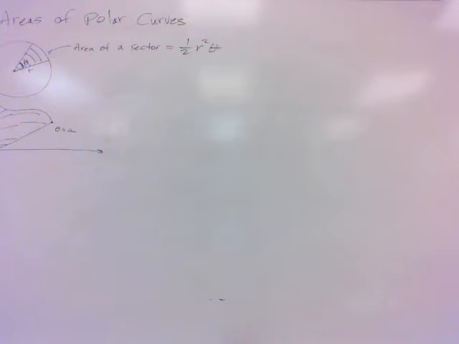Where the sectors come in is I'm going to divide this into little strips. I'm going to go a small little increment for theta, maybe 4 or 5 of these. So I'm going to go theta from A to my first subinterval here. Then I'm going to do a sector, so I'm going to make that circular, if you will. Then I'm going to sweep again another little bit of an angle.